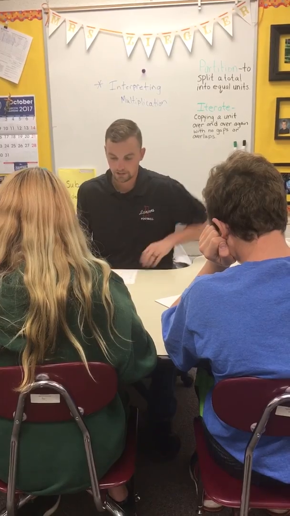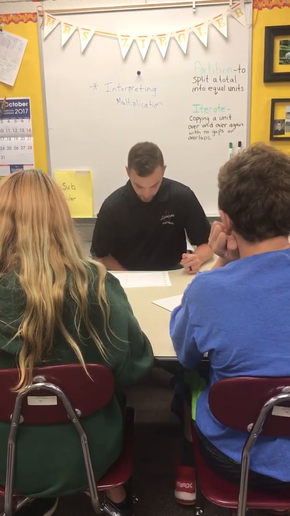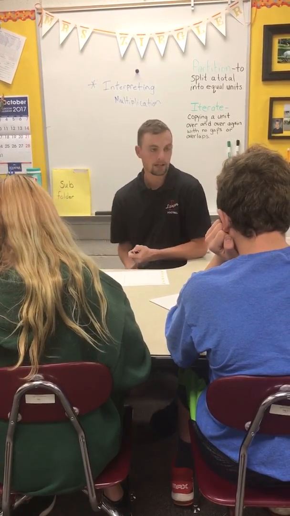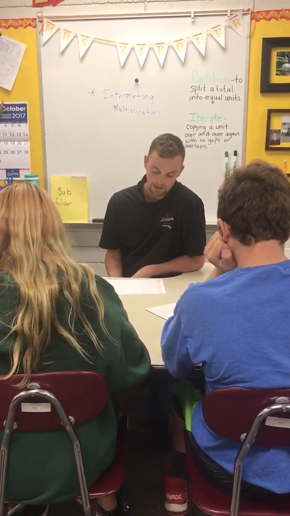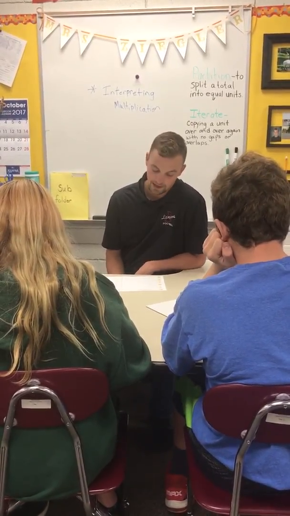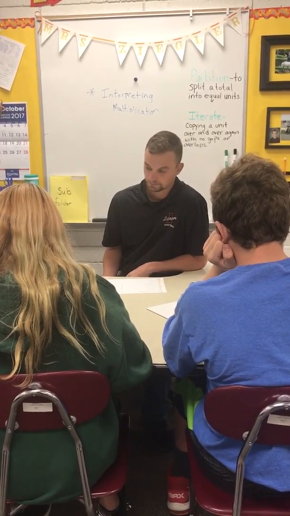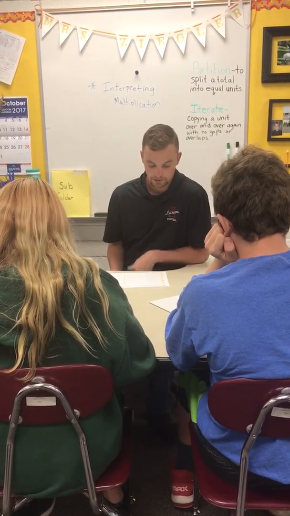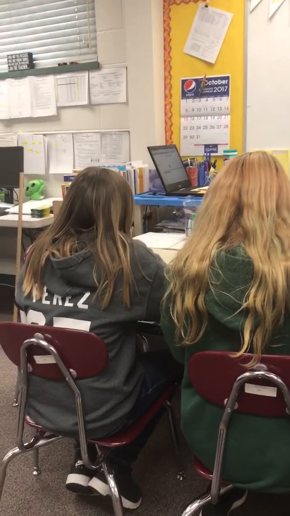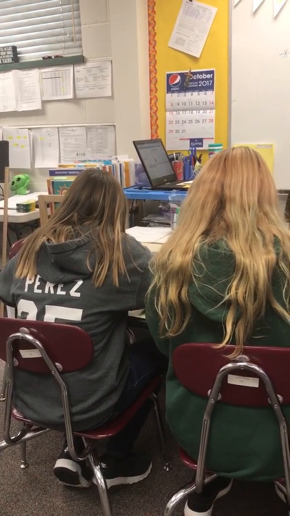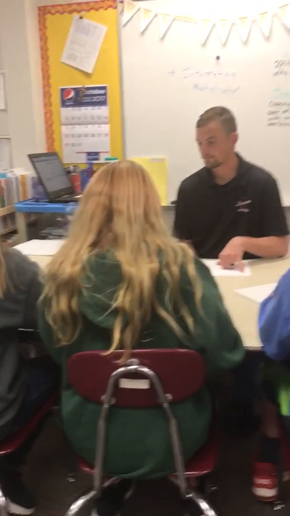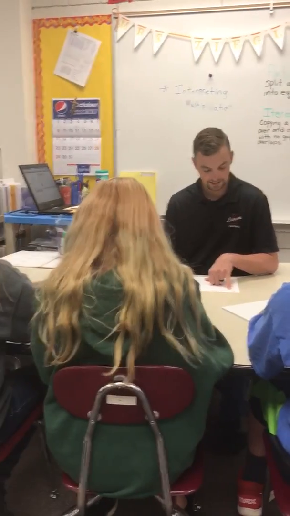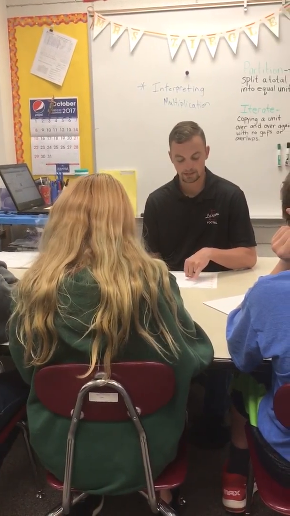Okay, so first thing that we're going to do is I'm going to read the first problem out loud before we do anything. So 24 is 6 times as many as blank. So what is that asking? You can use multiplication to find it, but we know that the total is 24, right? And 24 is 6 times as many as blank.